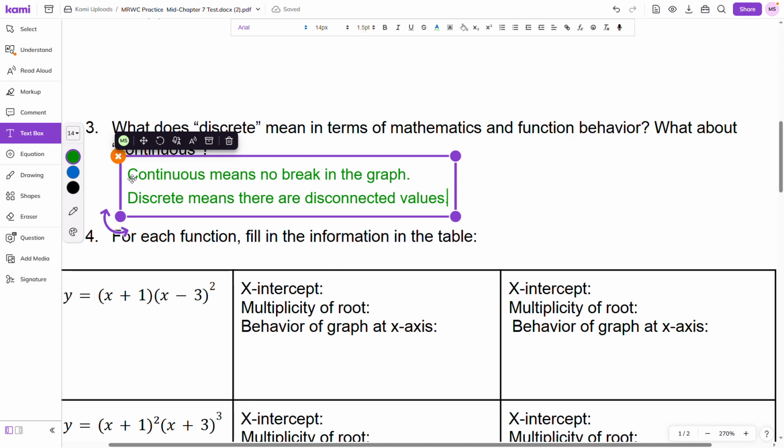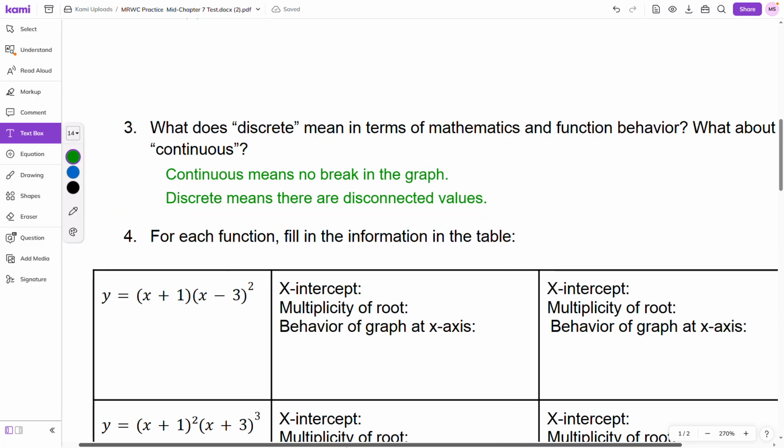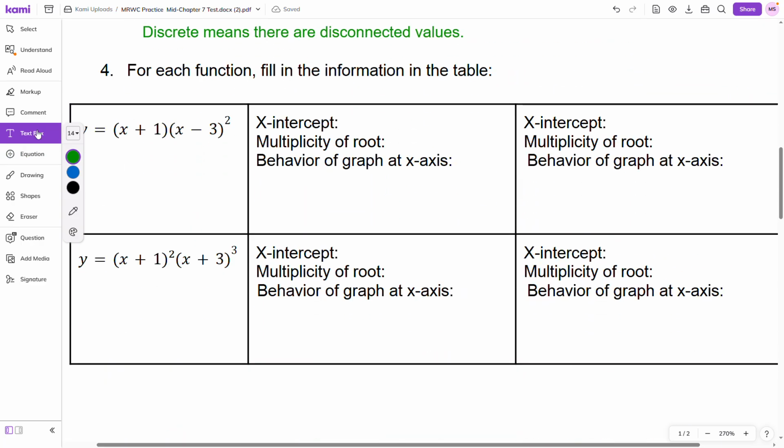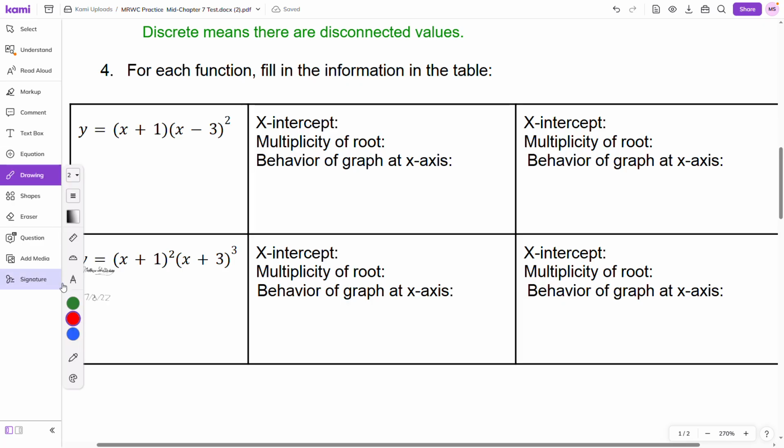Number 4. For each function, fill in the information in the table. And we have some nice little equations here and lots of fun to be had. I recommend you pause it, or maybe just watch it a little bit and then pause it. So x-intercept. What they want is for you to look at the individual x-intercepts and then say things about them.